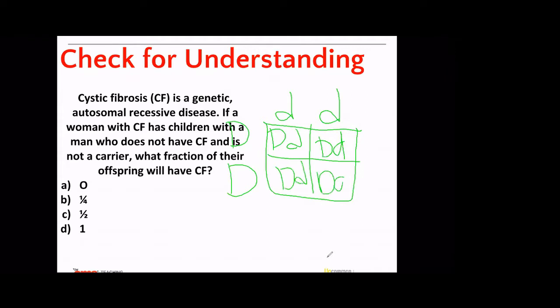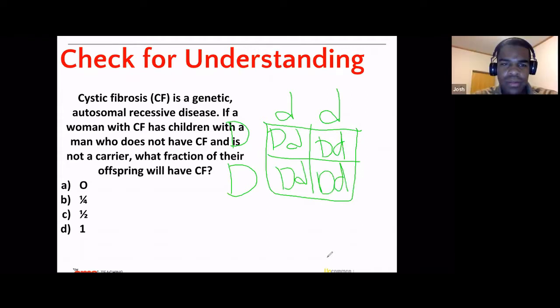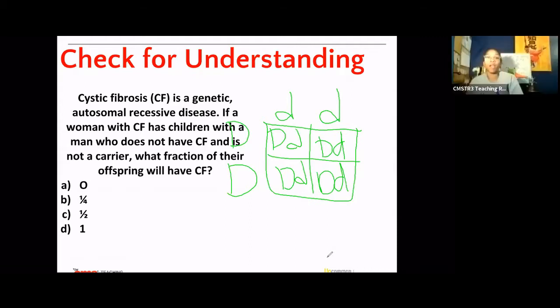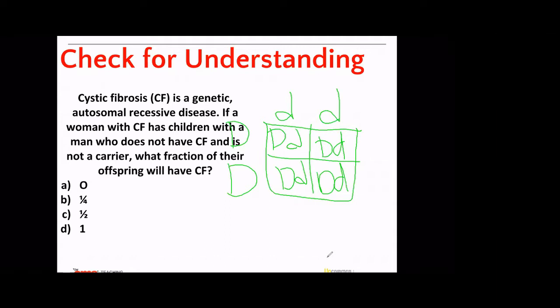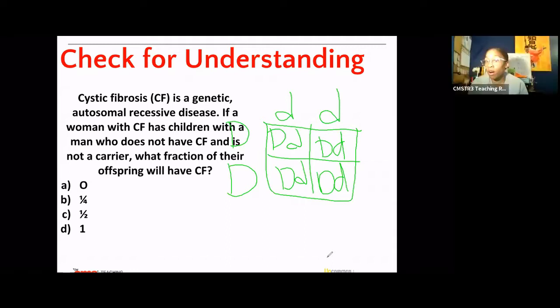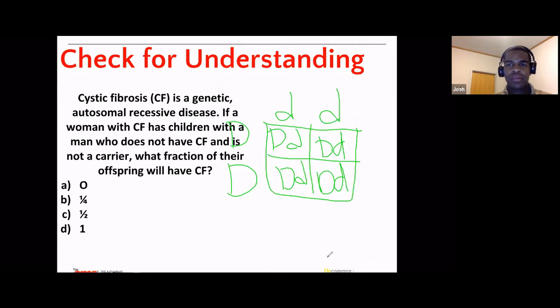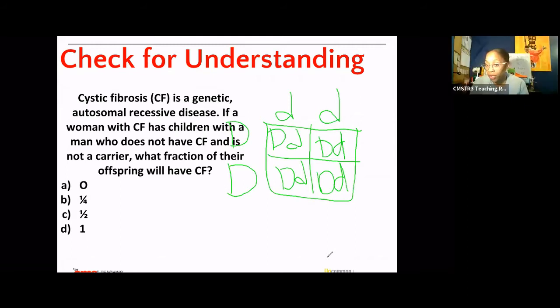If it says genetic autosomal recessive disease, do their children have the disease? No, they don't have the disease, but they're all what? Carriers. So 0 of their children will express this disease, but 100% of their children will be carriers of it.